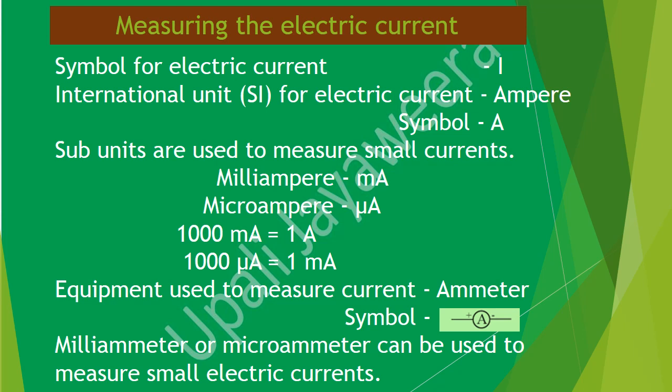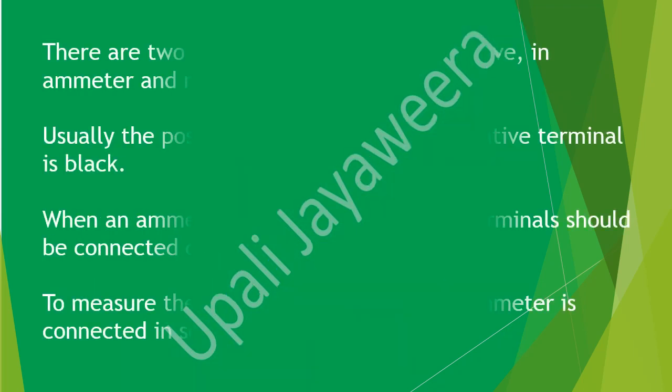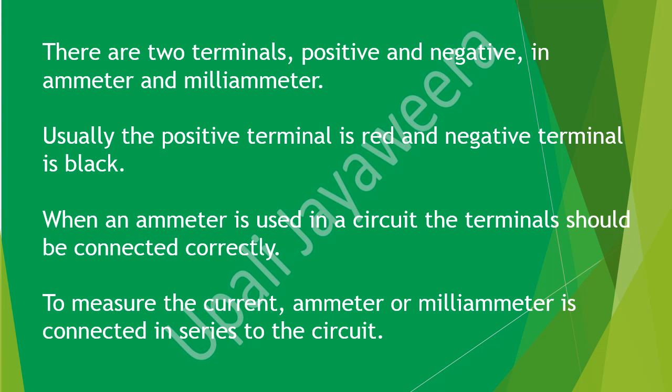The equipment used to measure current is the ammeter. We can symbolize an ammeter by the letter A in a circle. A milliammeter or microammeter can be used to measure small electric currents. There are two terminals, positive and negative, in an ammeter and milliammeter.